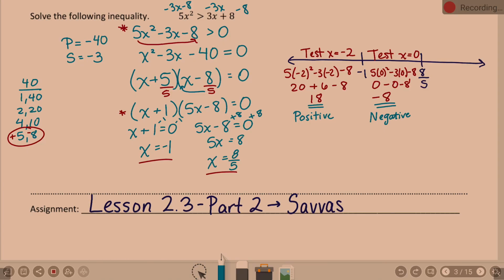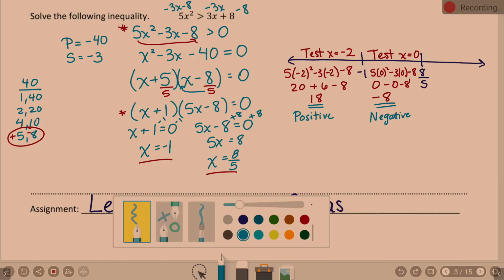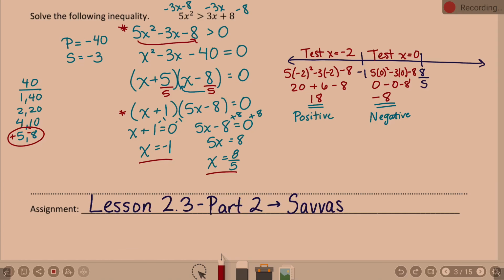You can guess on the next section, but I do want to talk about it. What would be a good test value to use? We had -1 here, but what's to the right of 8/5? What would be a good test value to use? Would 2 work? Yeah. 8/5. So my brain says 8/5 is 1 3/5. That means it's 1.6, or just even think 1 point something. So 2 is above 1 point something, isn't it? Okay. We don't have to test with a fraction or a decimal.